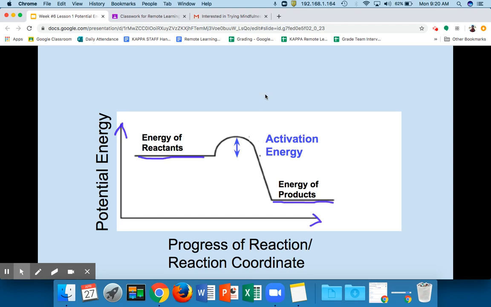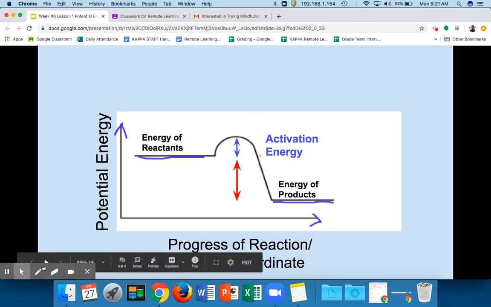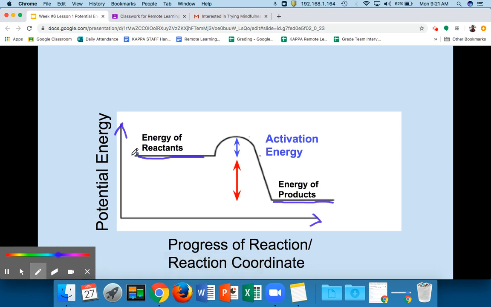And the next part of the reaction is this area underneath the activation energy. So we can actually take our pen and we can dissect this graph into different parts. And I encourage you to do this on your notes. All right. So the first line here gives us our energy of the reactants and the activation energy.